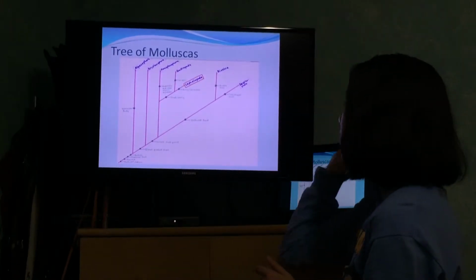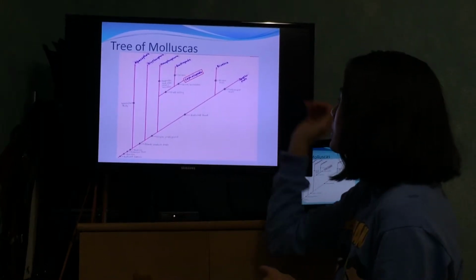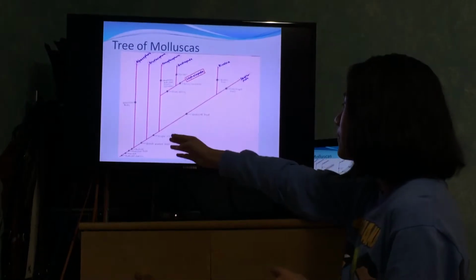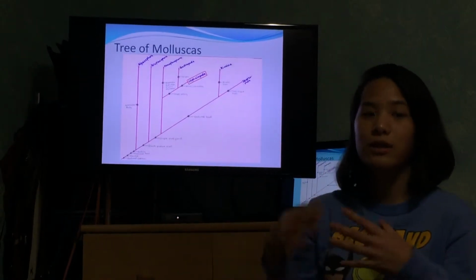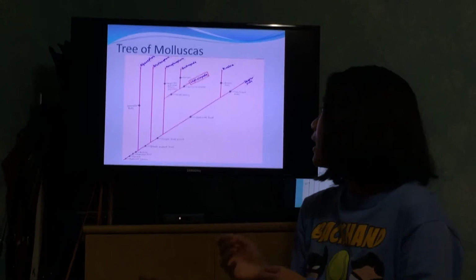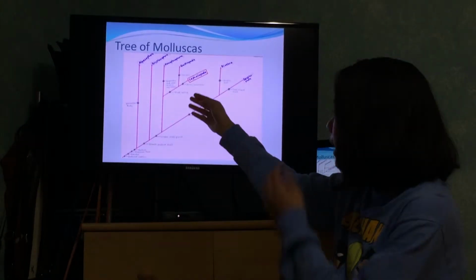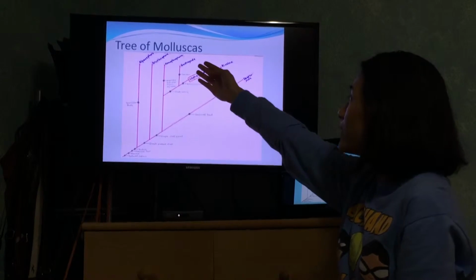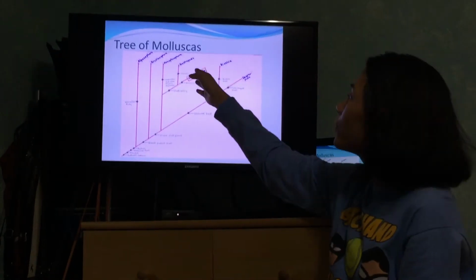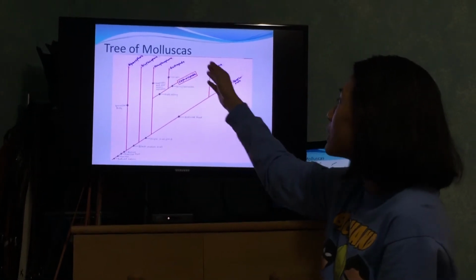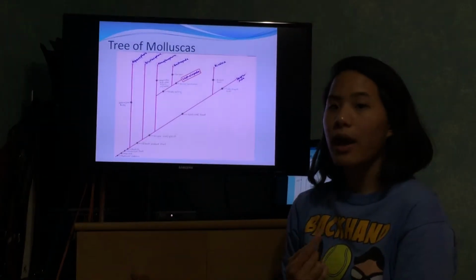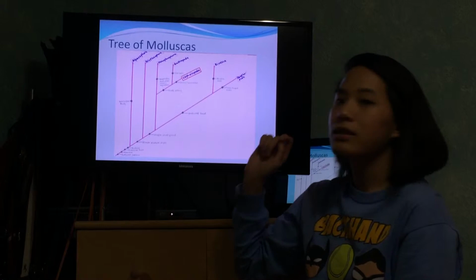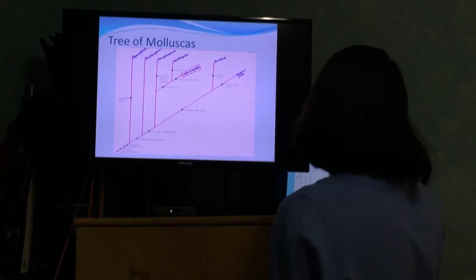As you continue down this tree, you can see that the cephalopods have a single shell gland, which is a gland that produces its shell. It has shell coiling, and its closest relative is the gastropods. What differentiates the gastropods and the cephalopods is that the gastropods have torsion, and the cephalopods have arms and tentacles.